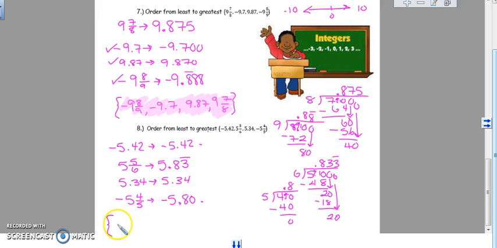So that would be right here, -5 4/5. Then I'd go -5.42. Now I'm here. 5s are tied. I have an 8 and a 3, which is smaller, just normal numbers, 8 and 3. 3 smaller, so 5.34. And finally, 5 5/6. Don't forget you're writing the original problems. So this is our answer right here.